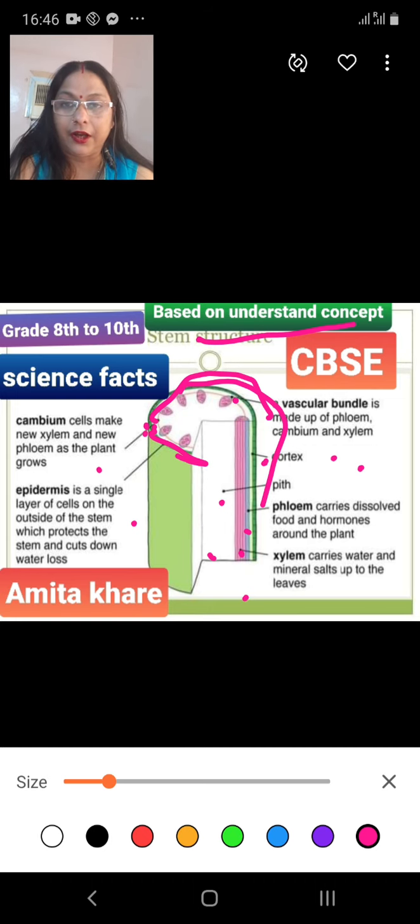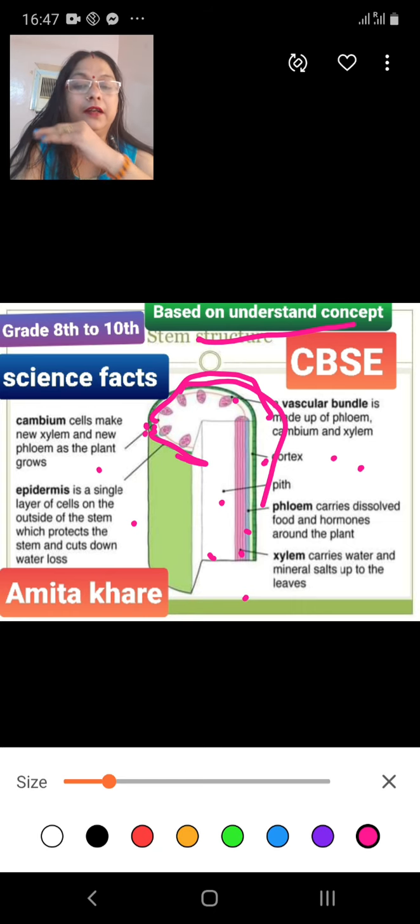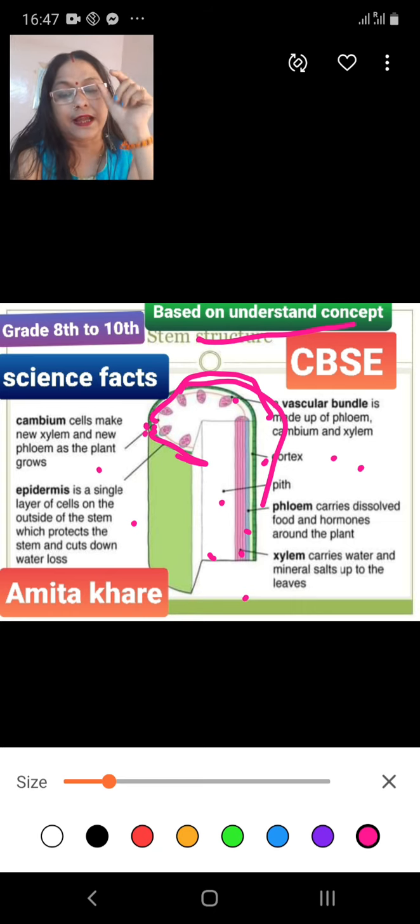The main characteristic of the epidermis is the outer covering of a single layer of cells. The function of the epidermis is to protect the stem and cut down water loss.